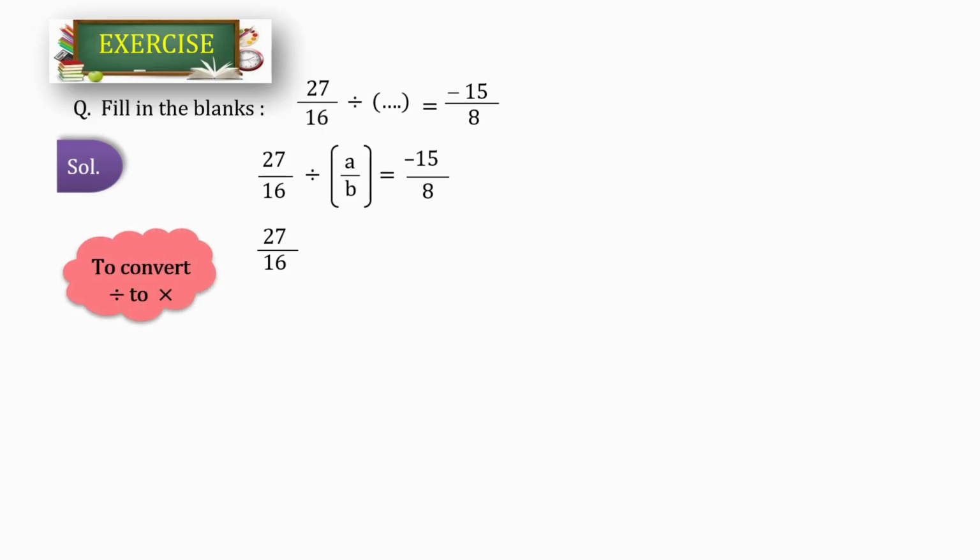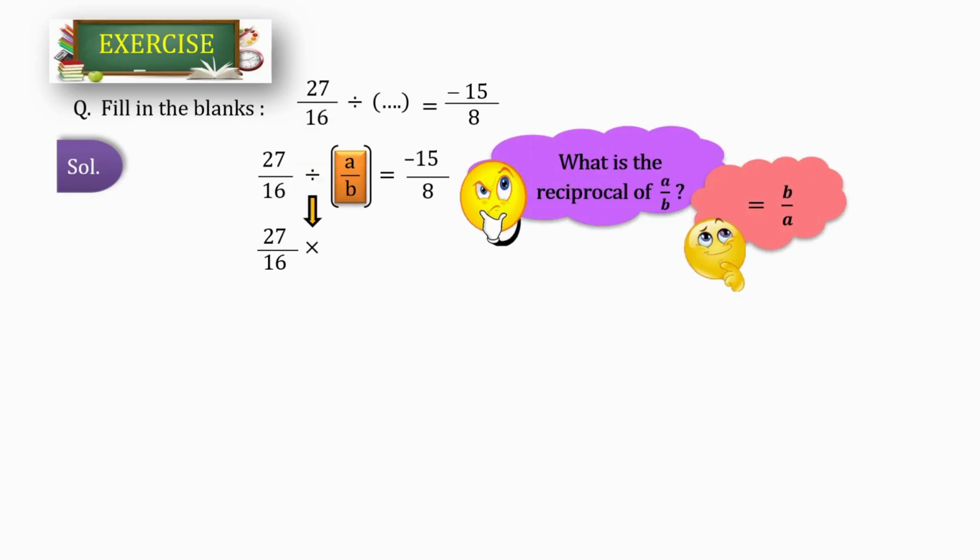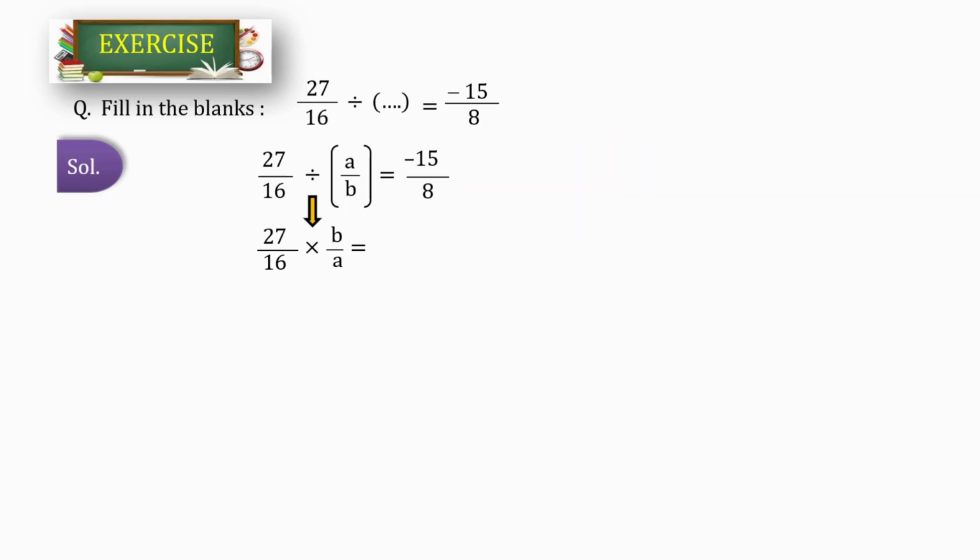To convert division to multiplication, we need to take the reciprocal of a by b, that is b by a. So if we transpose this, b by a is equal to minus 15 by 8 into 16 by 27, because 27 by 16, when it goes to the other side, it will get reciprocal.